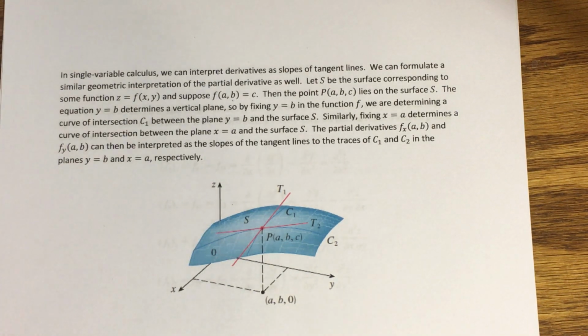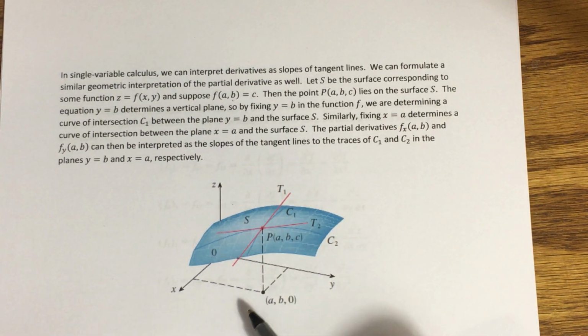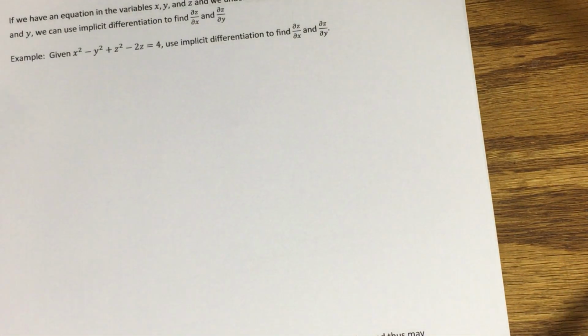Okay? So there is a geometric understanding of what tangent lines are to surfaces, but notice those tangent lines can have different slopes depending on which direction they're going as they hit that point. So this one's going in this direction, this one's going in a different direction. That's kind of how we interpret that in a geometric sense.